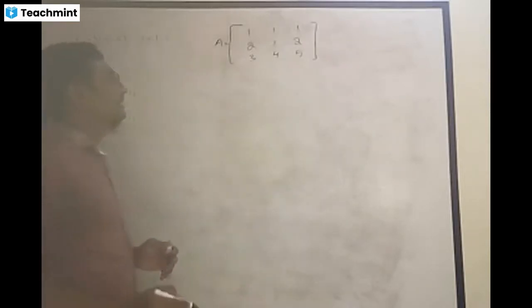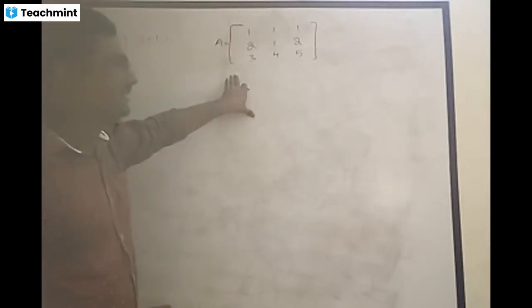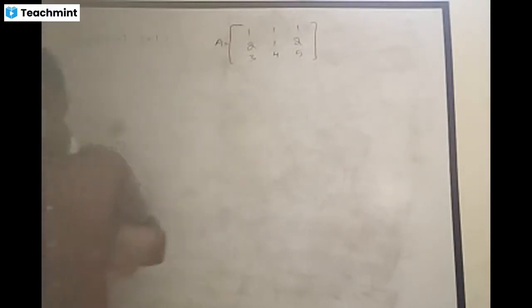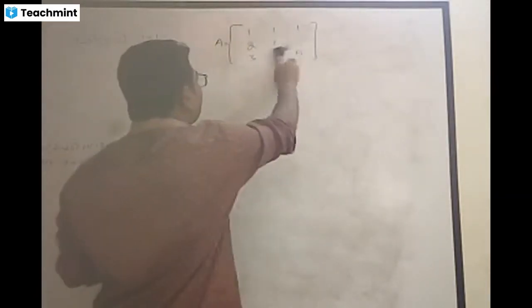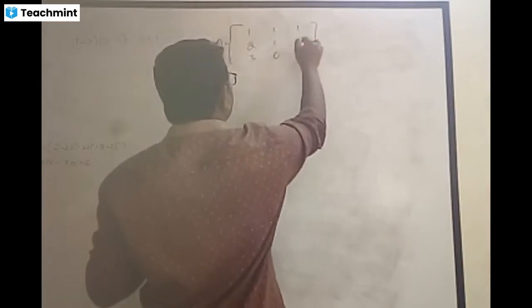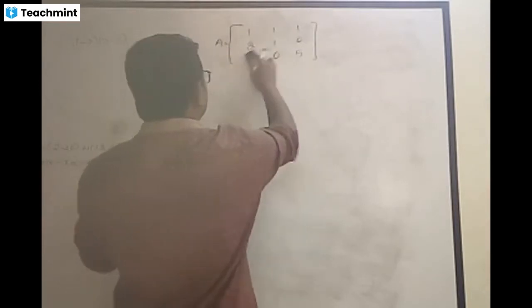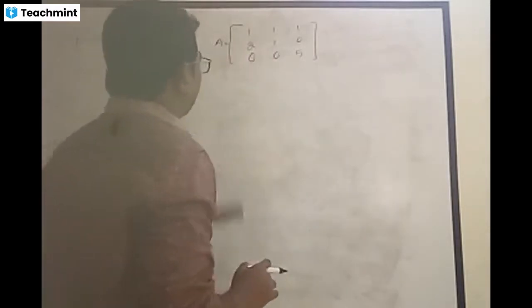First find the eigenvalues and then find the eigenvector. For simplification, I can use zeros here.